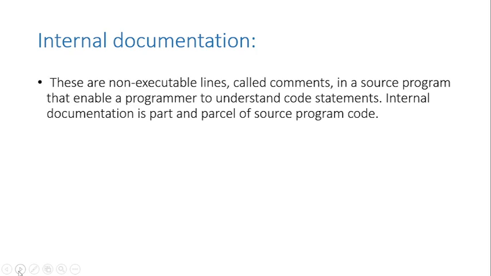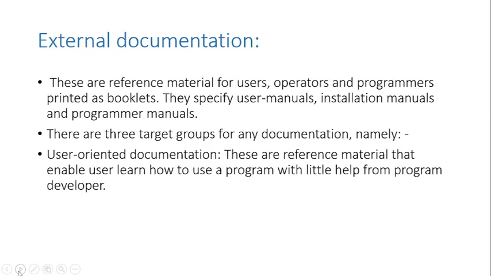Internal documentation is part and parcel of source program code. We have external documentation. These are reference materials for users, operators, and programmers, printed as booklets. They specify users' manuals, installation manuals, and programmers' manuals.